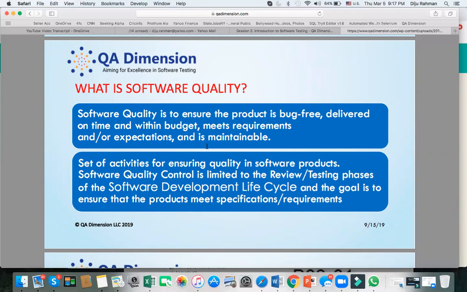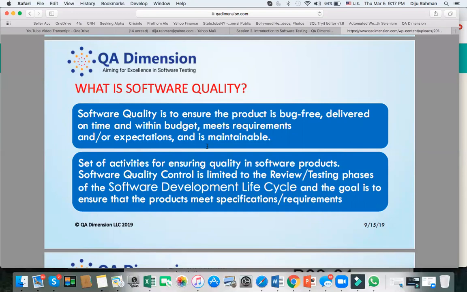So what is software quality? Software quality is to ensure that the product is bug free, delivered on time, within budget, meets requirements and expectations, and is maintainable. In this case, quality means characteristics, like all those good things a software can have.